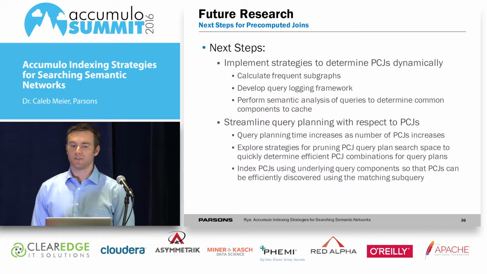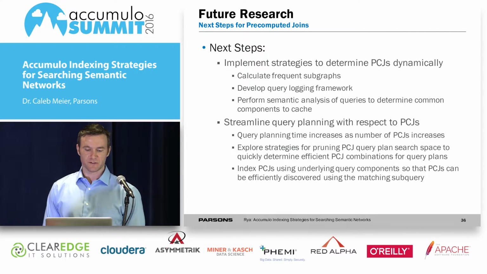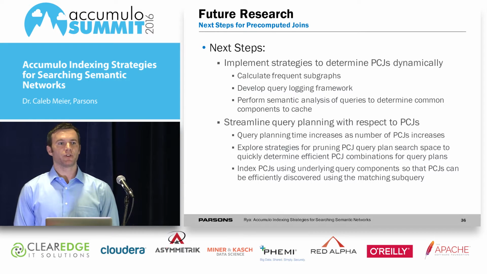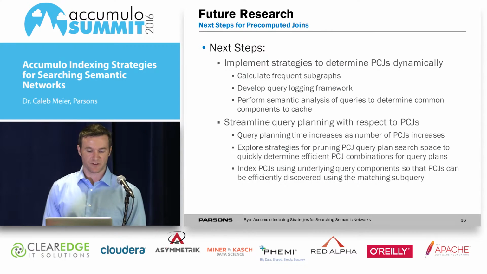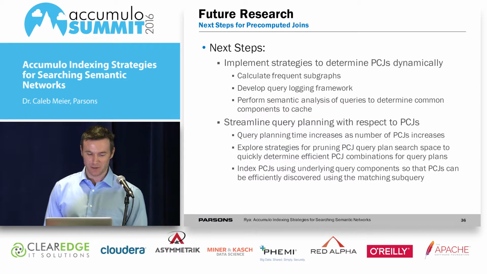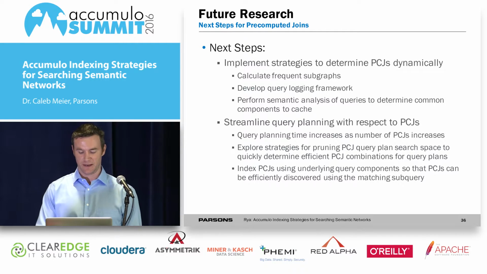So next steps, as far as future research is concerned, we want to look at ways to determine precomputed joins in a somewhat automated fashion, maybe by coming up with ways to efficiently calculate frequent subgraphs, which may not be possible, but maybe by developing some sort of query logging framework and coming up with ways to do some sort of syntactic analysis on the queries that get logged.